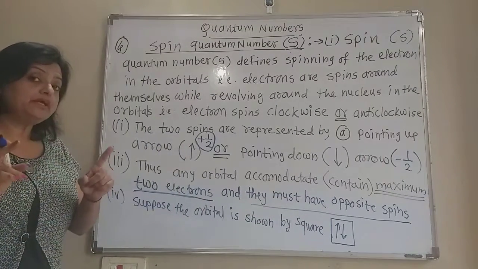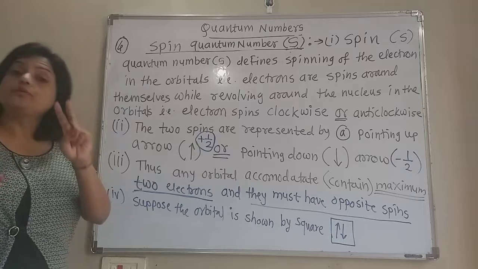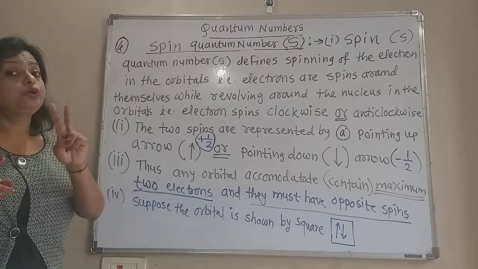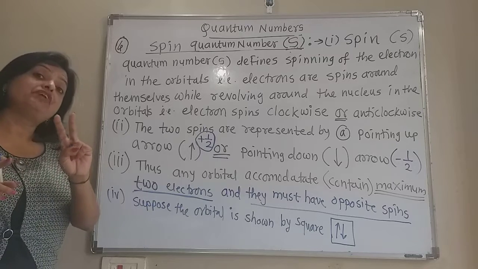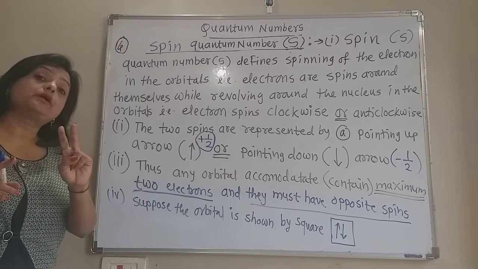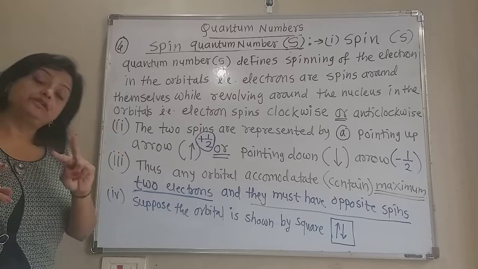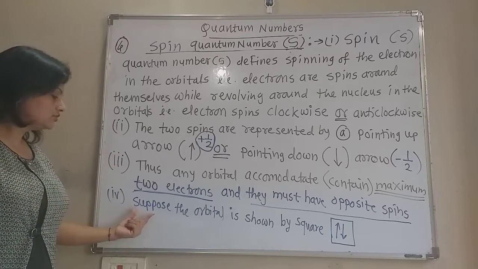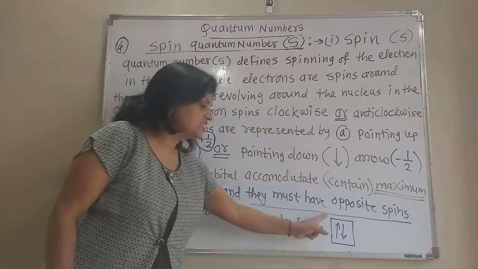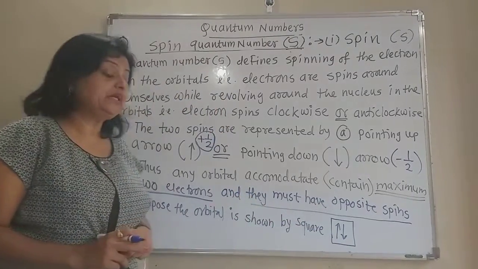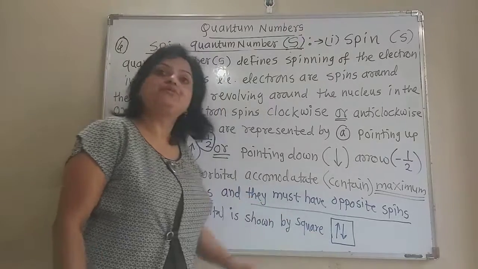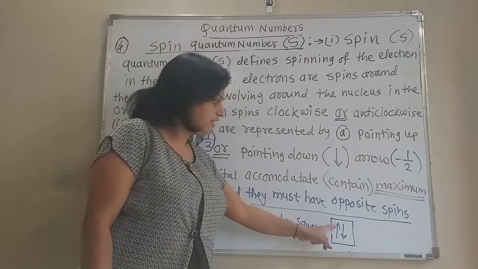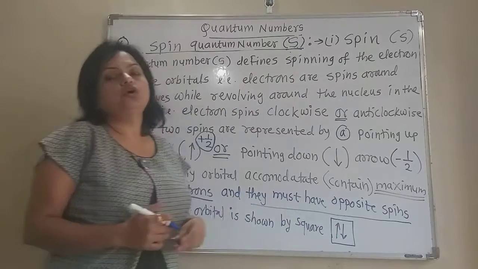That orbital accommodates only 2 electrons, and those 2 electrons must have opposite values of the spin quantum number, that is, their spins must be opposite. For example, suppose the orbital is shown by this square. Now this square is the orbital, then it contains a maximum of 2 electrons having opposite spin. One is pointing in the upward direction, another is pointing in the downward direction.